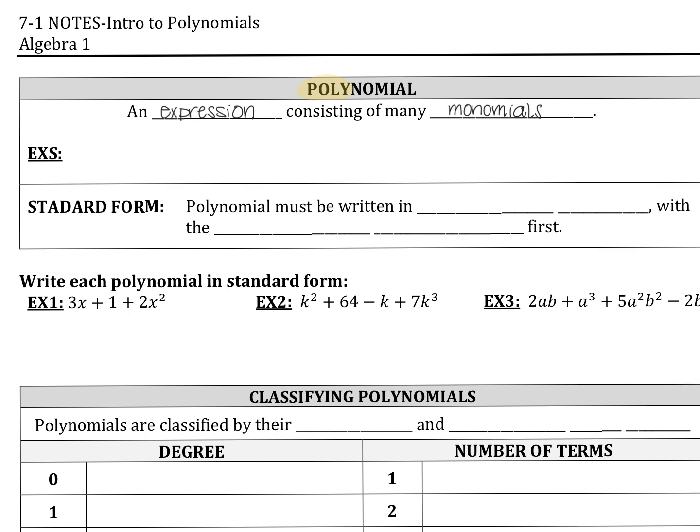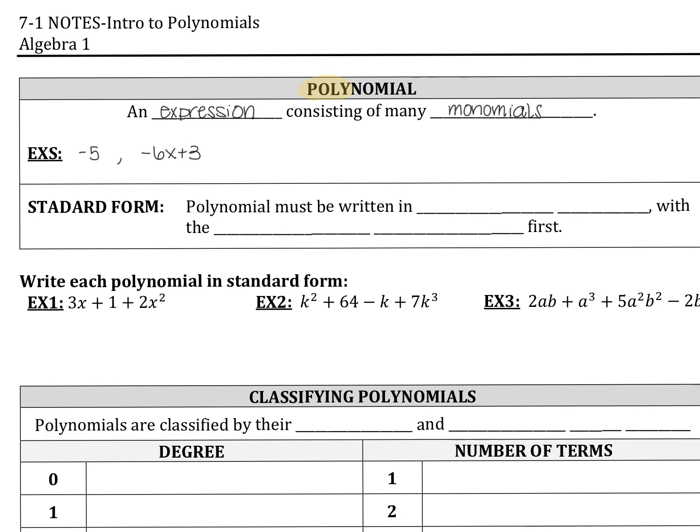So let's look at some examples of a polynomial. -5 is technically a polynomial. It's an expression, and it consists of monomials, granted, a single monomial, so not very exciting. We have -6x plus 3. This is a polynomial. We have an expression, not an equation, that has two monomials.